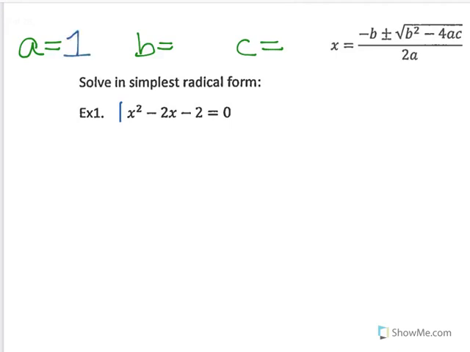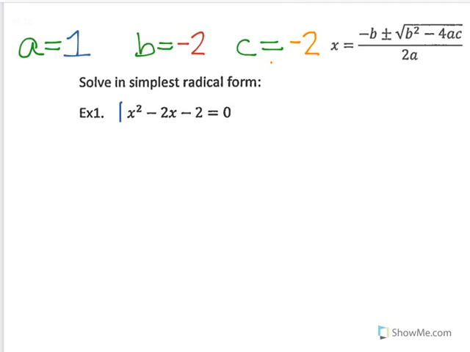Our B is always the number that is in front of our x. So in this scenario, our b is negative 2. And our c is always the number that is not attached to any variable, often written at the end, and so our c would be negative 2 as well.